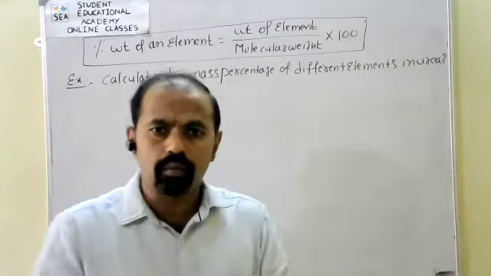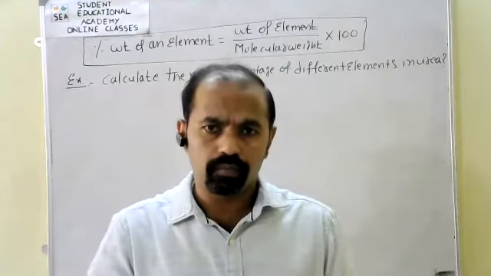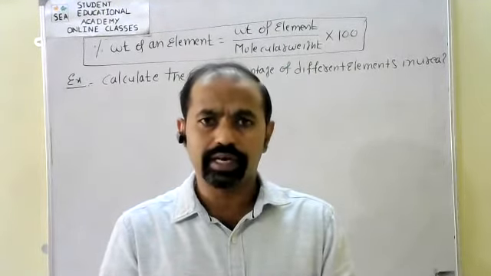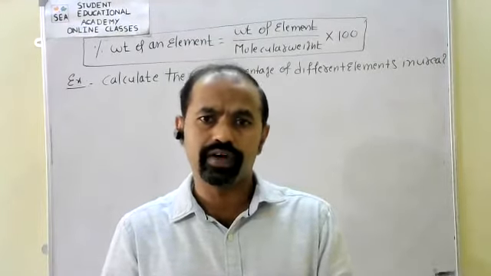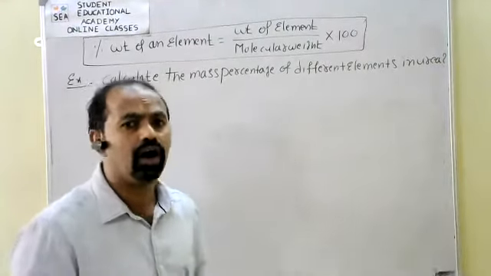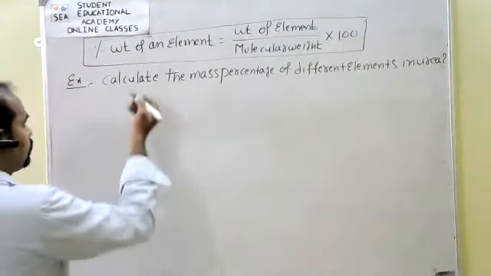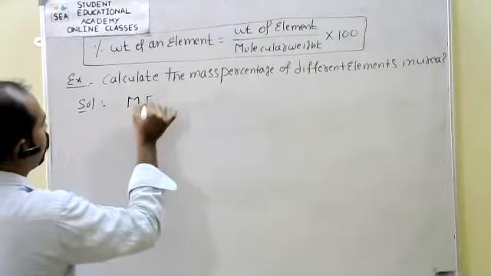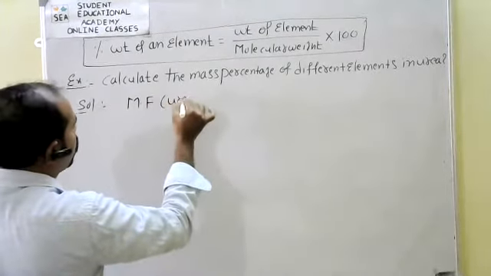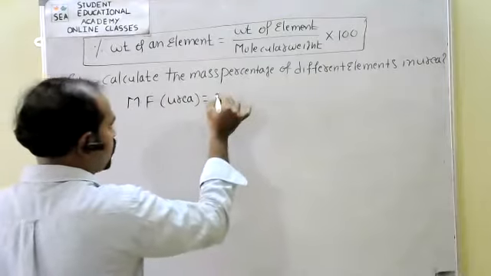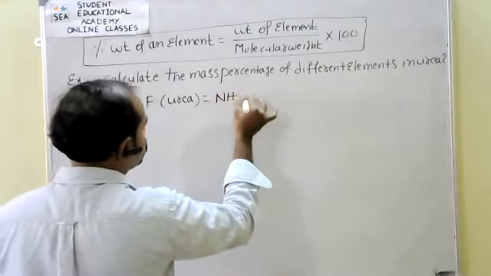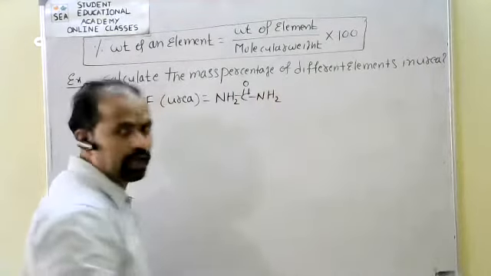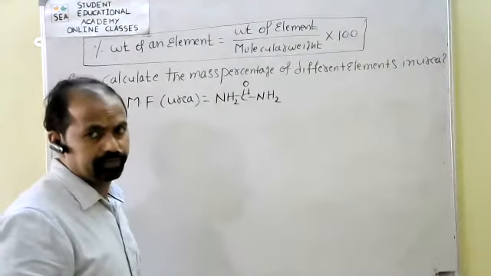So in that molecule, what are the percentage weights of the different elements? It is nothing but all the elements. Okay, see, the molecular formula of urea is NH2CONH2.